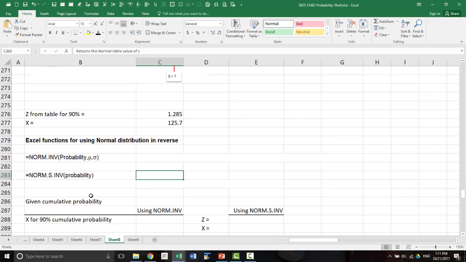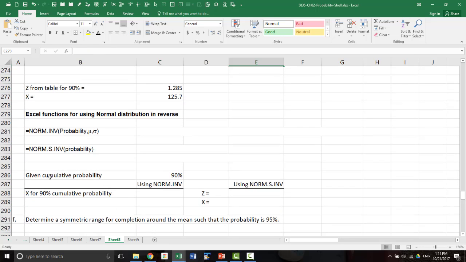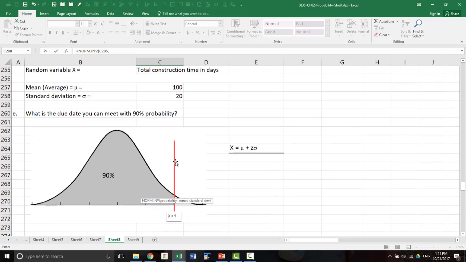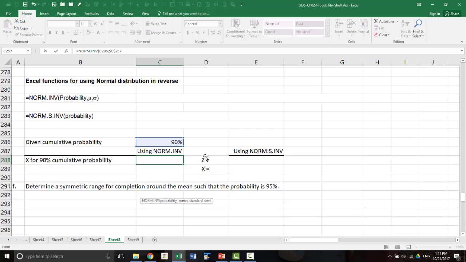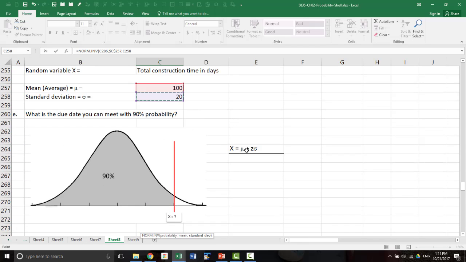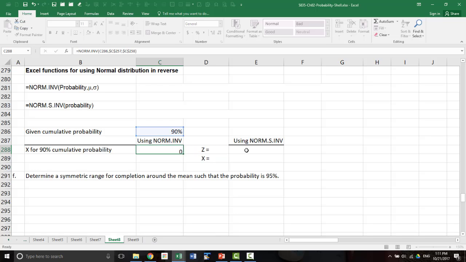So we have a cumulative probability of 90%, and we want the x for 90% cumulative, so we go norm.inv. Then give the probability, and then mu and sigma, which I'll absolute reference.